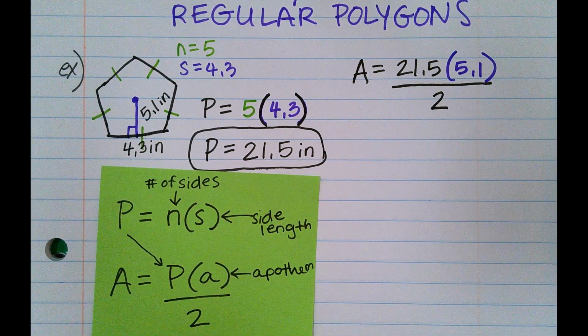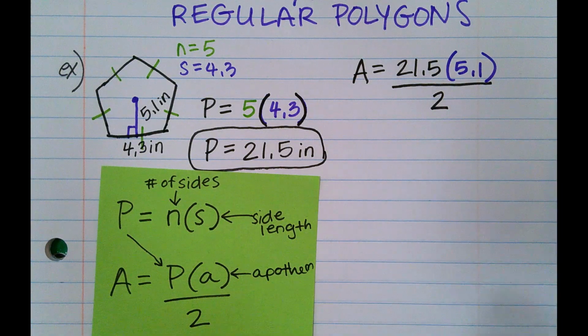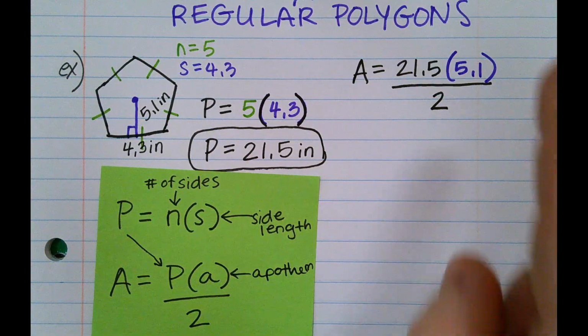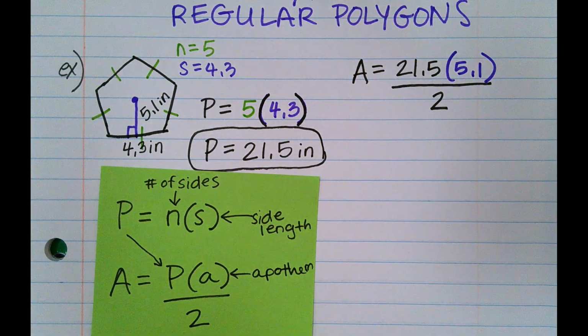So, what's nice about the area formula here is we are used to when there's a fraction, you have to do the top part first and then the bottom, because a lot of formulas we've used in the past, especially in algebra 2, have addition and subtraction all mixed in there. Because this is all multiplication and division, you can actually type it in all at once and it won't mess up your answer.